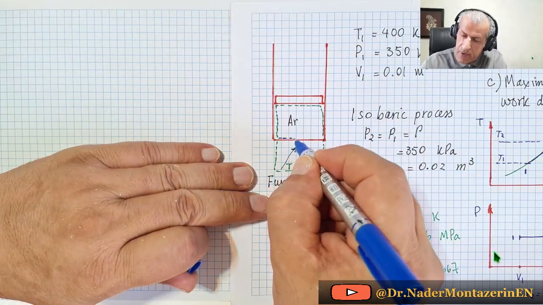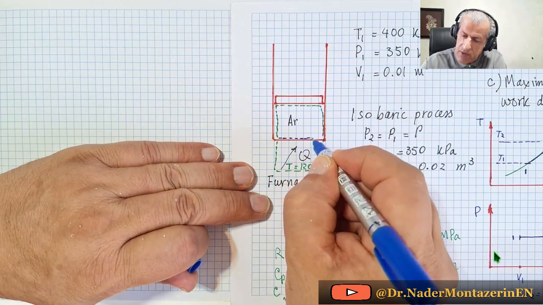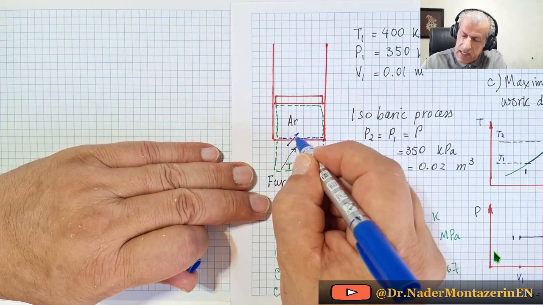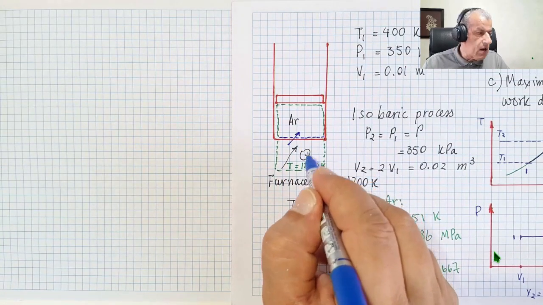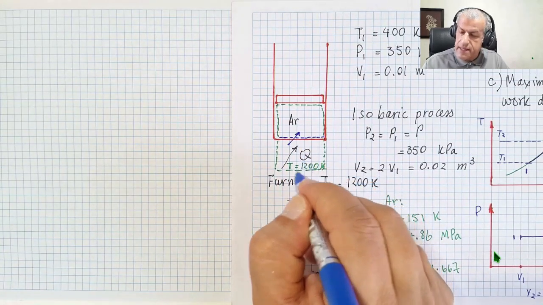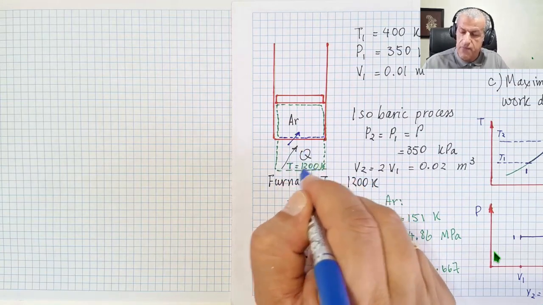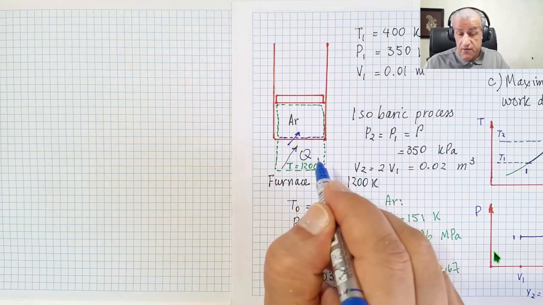This is our boundary. Let's select that this is our heat transfer boundary. Heat transfer is done here, and all irreversibilities are inside this heat transfer area. See what we can gain from such an assumption.